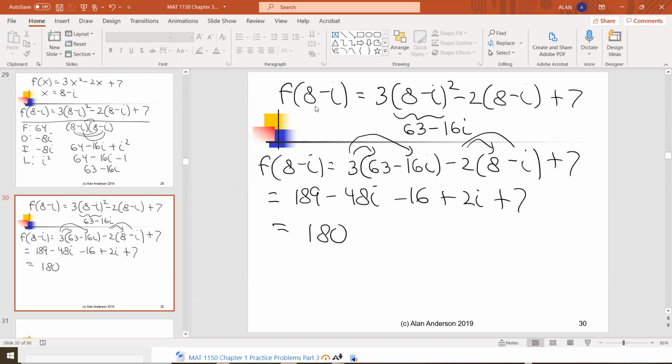And we'll gather together the i terms, minus 46i. And that's our final result. Okay, so all we did was substitute a complex number into this quadratic equation, and we end up with, of course, a complex result. There's nothing to prevent us from doing this. It's just that the result will also be a complex number.